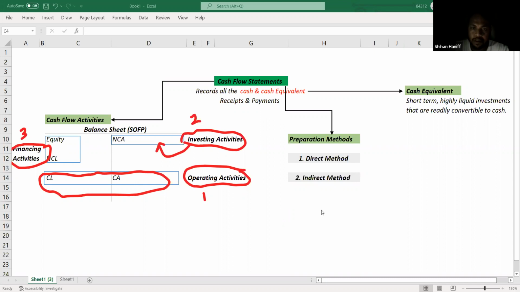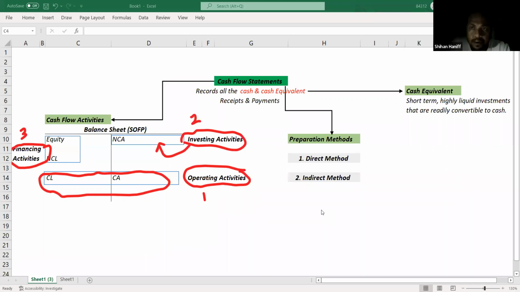Everyone has given the same answer, but that answer is wrong. Interest income. What is the activity? Everyone has given finance. Finance is wrong. It's not financing activity.